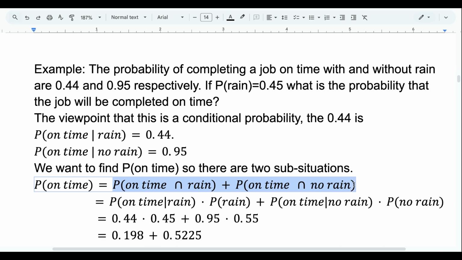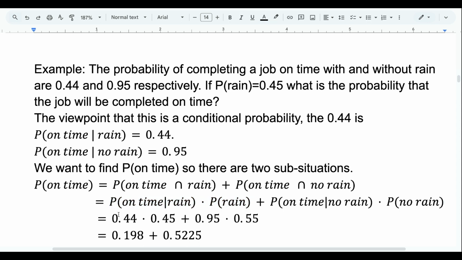These two expressions are mutually exclusive, disjoint. Can't have rain and no rain at the same time. Then these each in turn become conditional probabilities. Probability of on time and rain is the same as probability of on time given rain times the probability of rain. And for the second one, probability of on time given no rain times the probability of no rain.